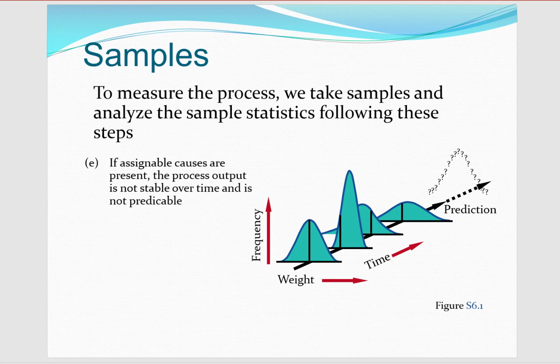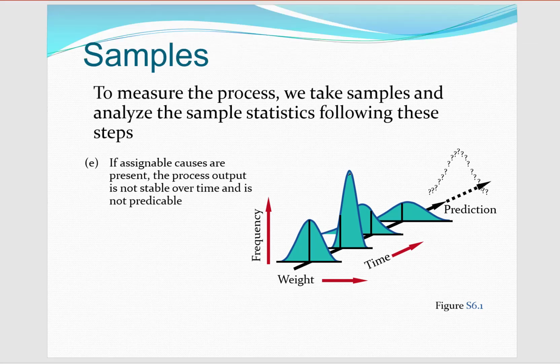It's when the process does not behave consistently and is not in control that we run into trouble. And so over here you can see that over time these shapes are different, right? This one is centered, this one is off-center.